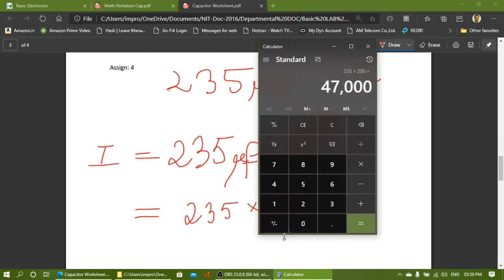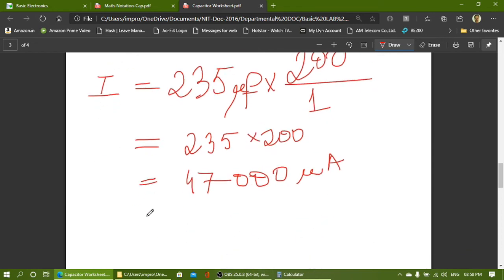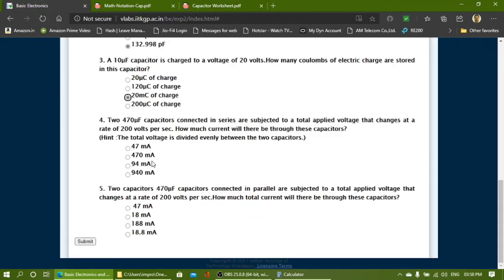We will get 47,000 microampere. So it is a large number. Further you can write it as 47 milliampere. So you have to select the first option.